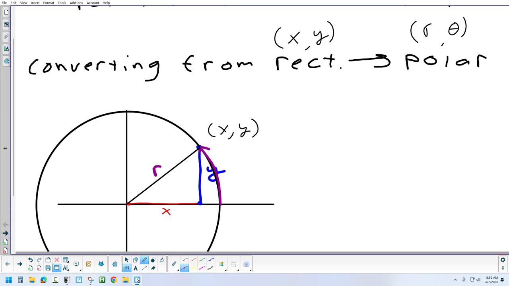That distance for that line segment in black, that's going to be my radius. And that angle right there, that's the amount of rotation between the x-axis and the hypotenuse to get to the point in blue. So our goal is to figure out the r and the theta.